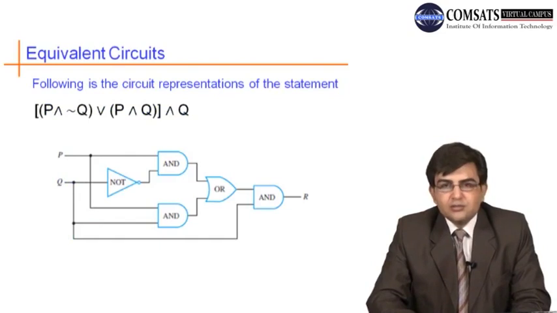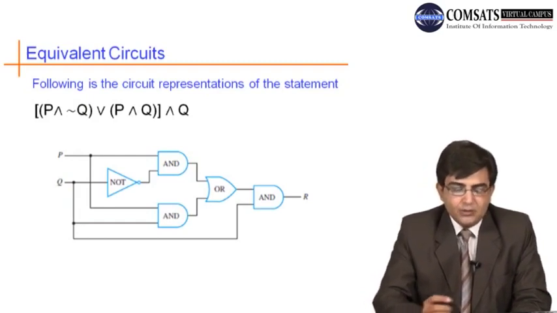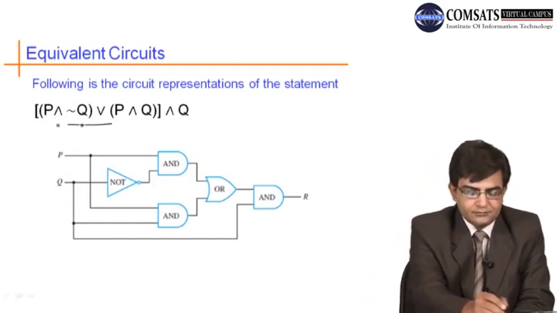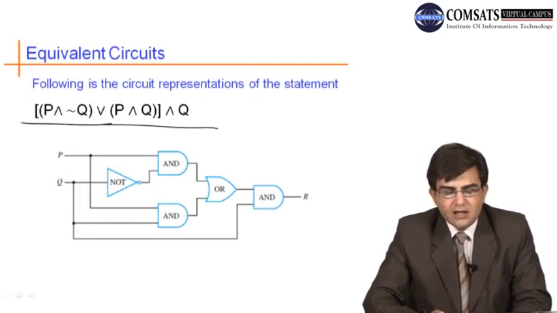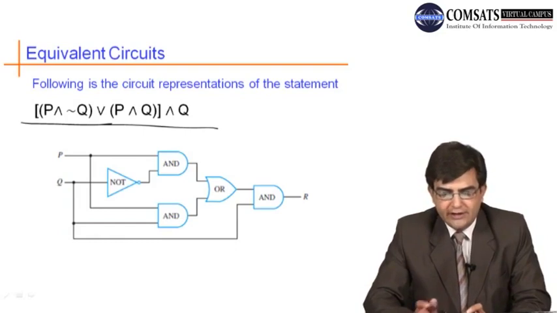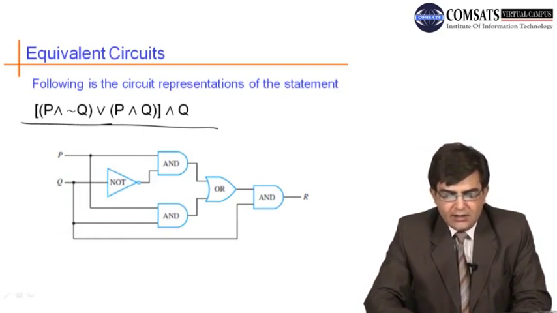So how do we reduce a circuit, or find two equivalent circuits? For example, if we are given a Boolean expression, this one, (P and not Q, or P and Q) and Q, and this is a Boolean expression, we can construct a truth table easily and the corresponding circuit.